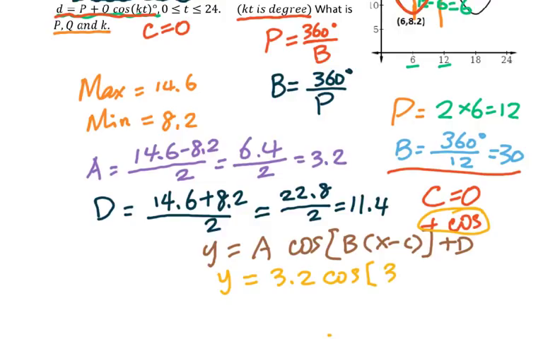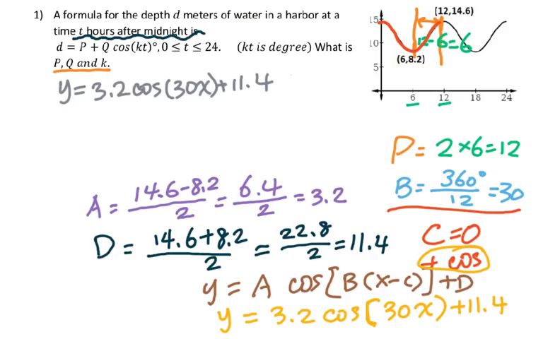B is 30x. C is 0, so you don't have to minus 0 here. Then add D. D is 11.4.